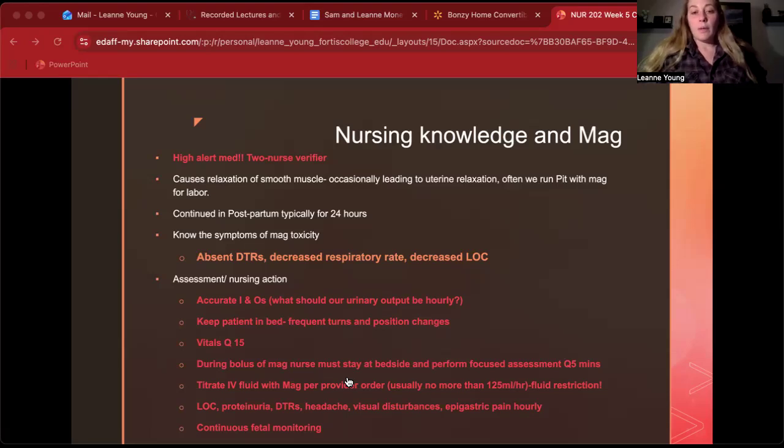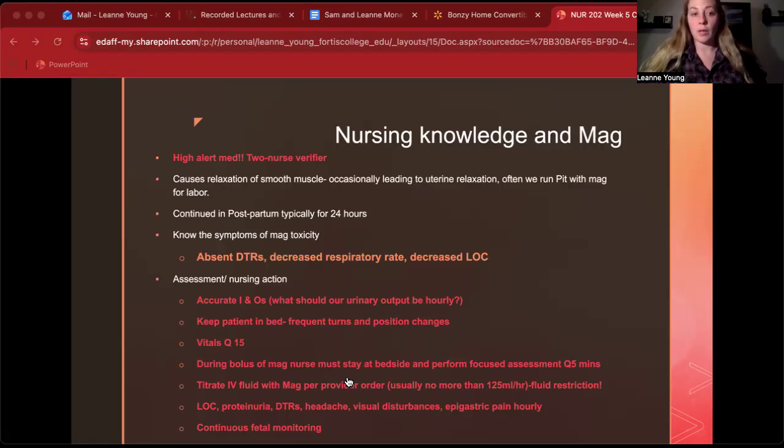So oftentimes we need to run oxytocin with magnesium for labor. We need to give the mom more contractions as well as relax her smooth muscle to prevent her blood pressure from being too high. So magnesium kind of counteracts natural labor progress. Okay. It's continued in the postpartum period, typically for 24 hours, especially on your high risk moms.